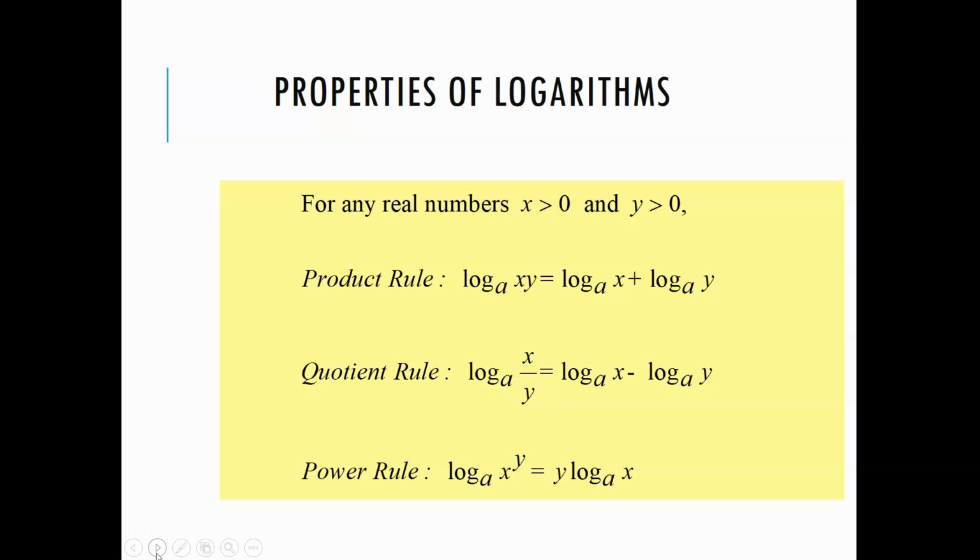The quotient rule says log base a of x divided by y is the same as log base a of x minus log base a of y. If any logs have the same base and they're being added, that's the same as multiplying. If they're being subtracted, that's the same as dividing. And if it's a power to a power, then that power can come out in front.